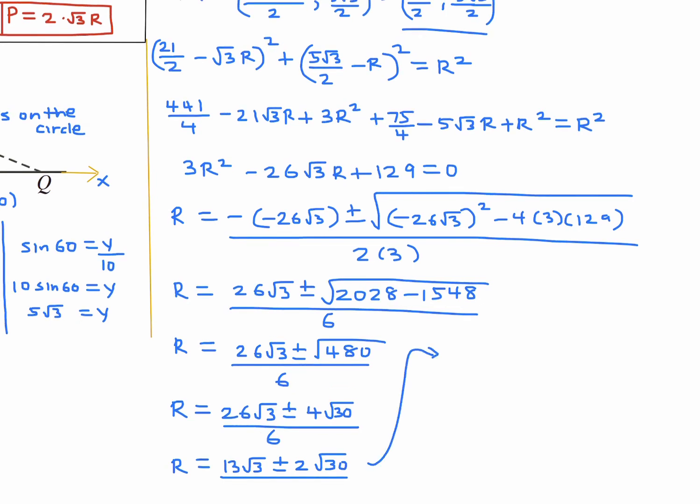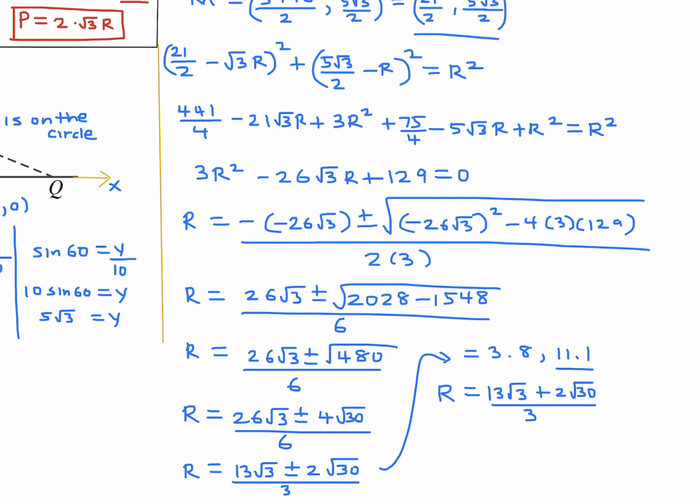So we get two values for r, and in terms of decimals, it's about 3.8, and the other one is approximately 11.1. And between those two, the one that makes sense, that fits the dimensions of our diagram, is this one right here. So r, therefore, we conclude is 13 root 3 plus 2 root 30, all over 3, rather, like that.